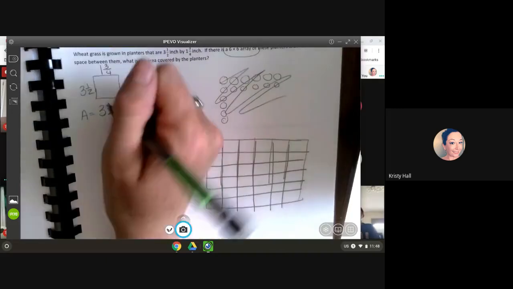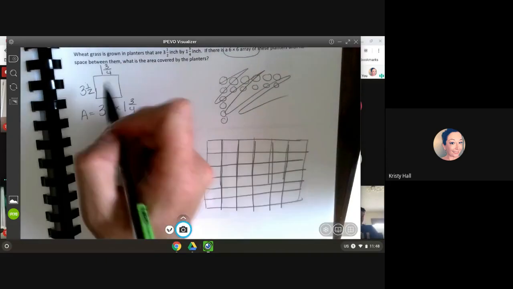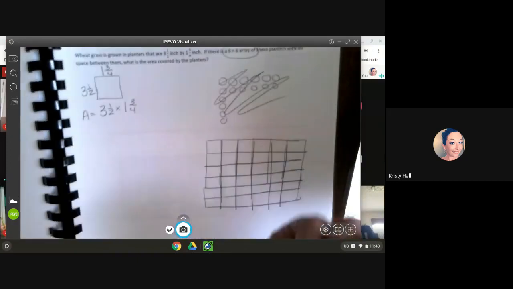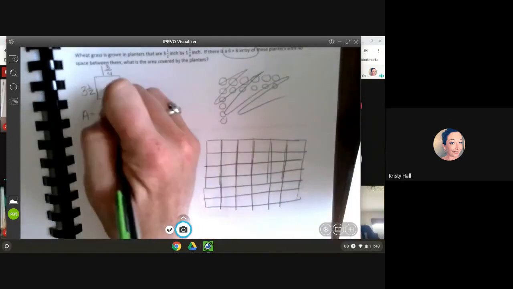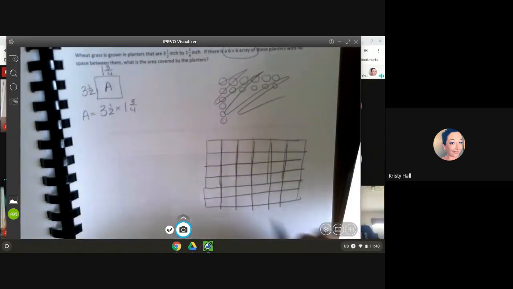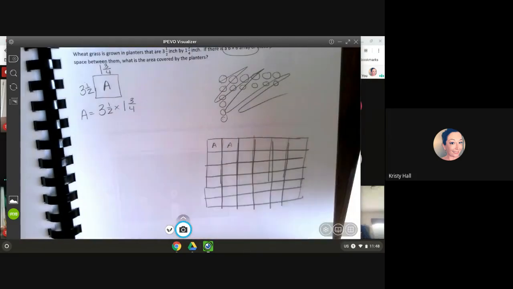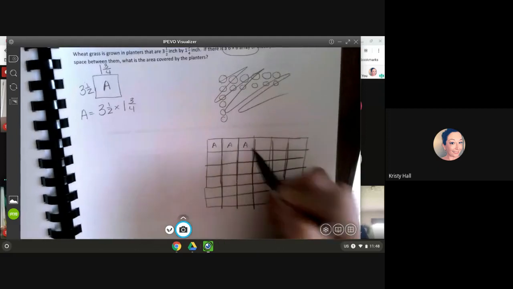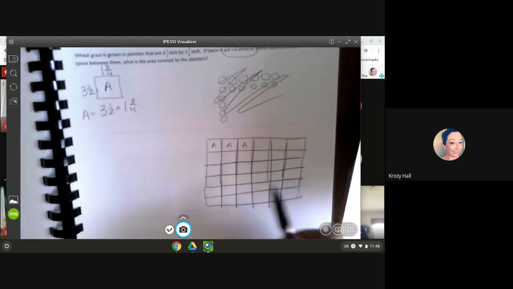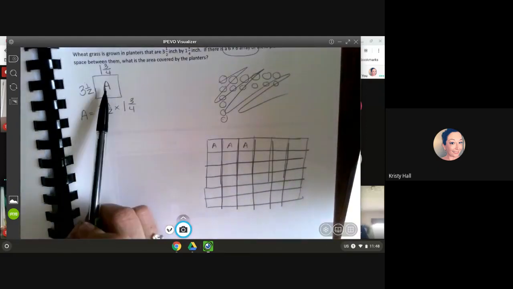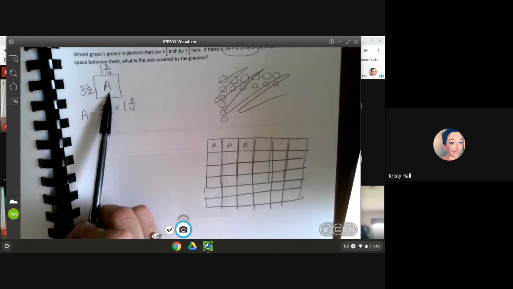So whatever I get in here, when I find the area of one planter, okay, that's the area. That means this is that much space, this is that much space, this is that much space. So all of these boxes or planters have the same area as this one. So first, Ava's right.